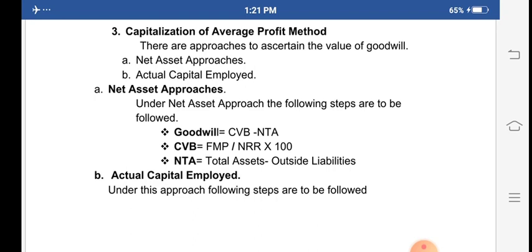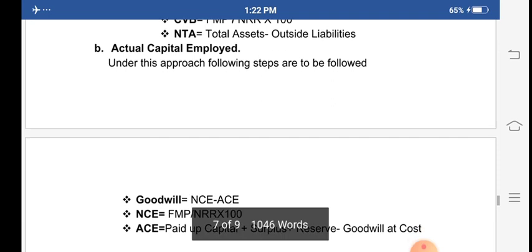The next approach is the actual capital employed. Under this also there are some steps for the calculation of goodwill.